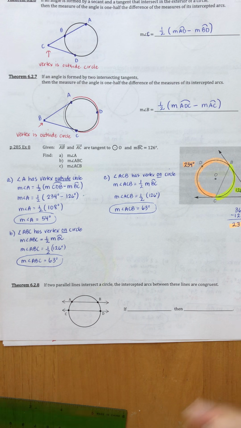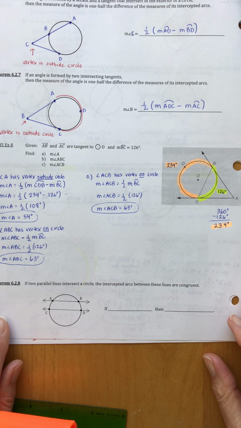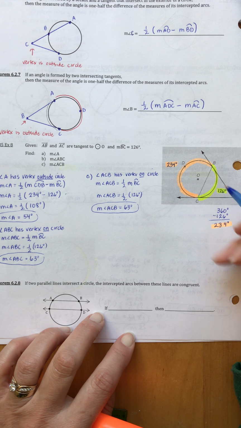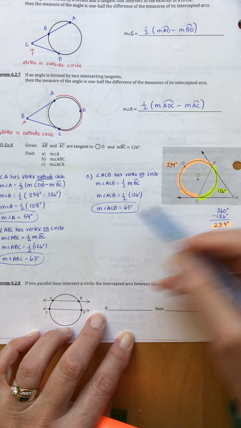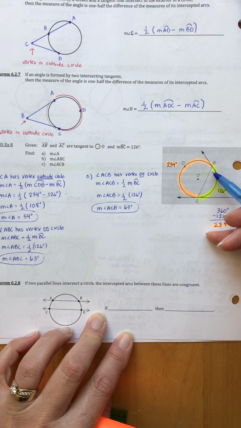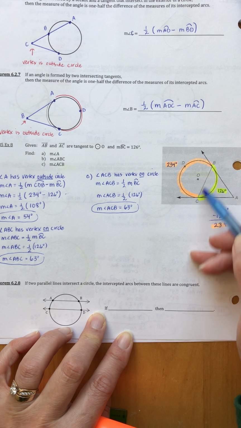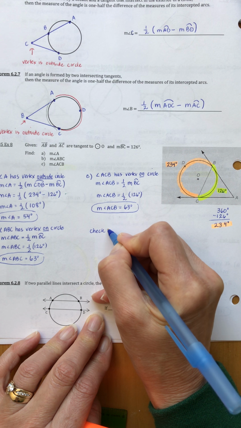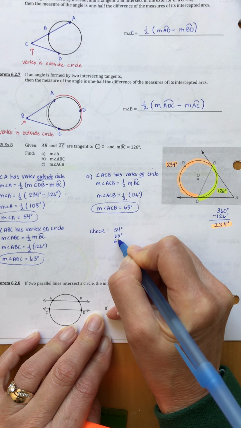Okay, so how would we be able to check this? Well, if we take a look here, we can see that we have formed a triangle. And we just found all the measures of the angles. We found that measure A right here is 54. We found that ABC, this one here, is 63. And we found this one here, which is ACB, is 63. So if we wanted to check, we could add all those up. 54 plus 63 plus 63.